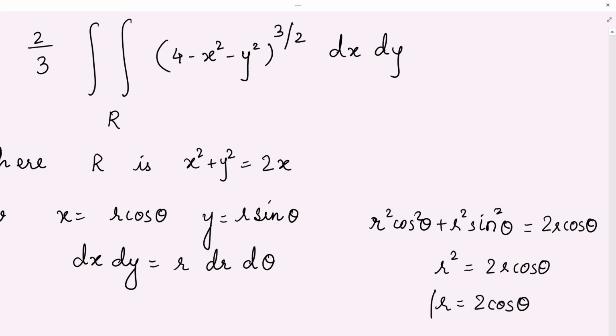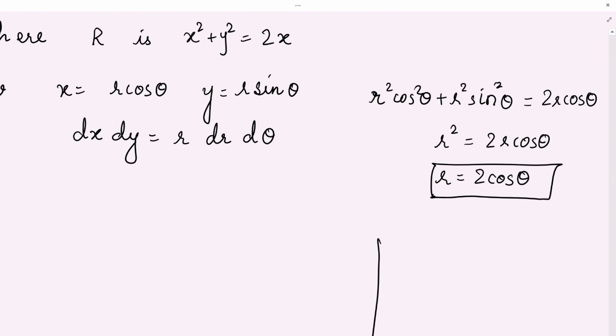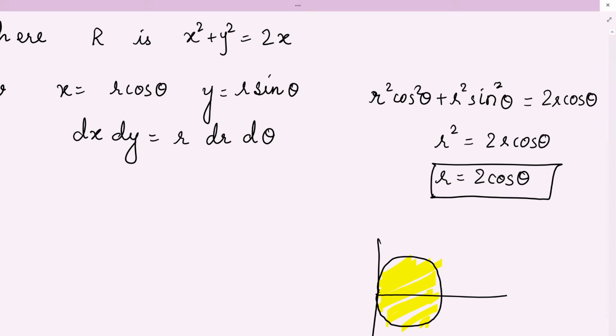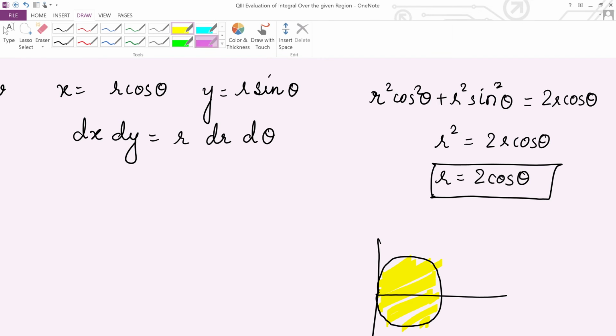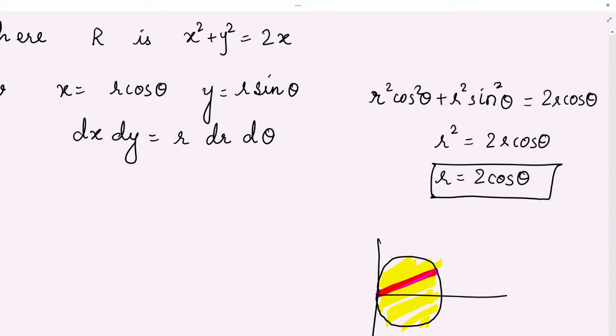We have seen this curve in the earlier lectures. So this is a circle, two-dimensional, you can imagine. So this is a complete circle, right, on your x-axis. This is my area of integration.